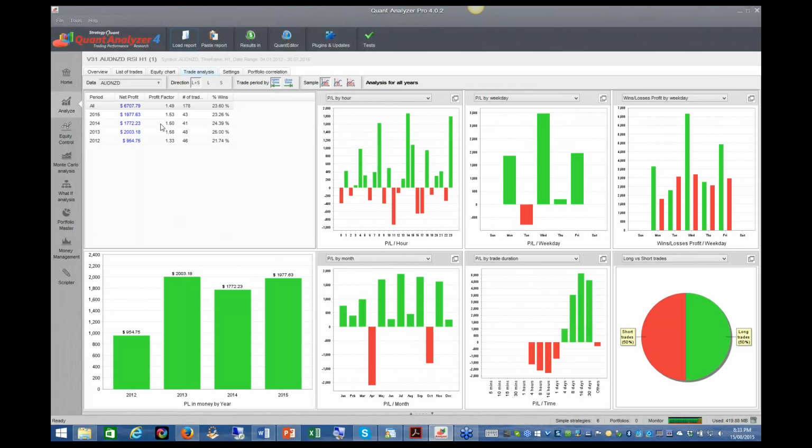If we take it to the overall net profit, we can see we've done fairly well at that 1.5 profit factor. Again, the win rate is fairly low, but what we can see is that it's been profitable each year.